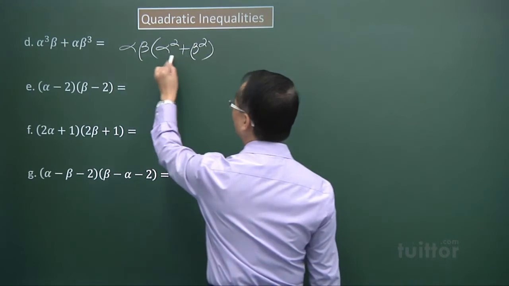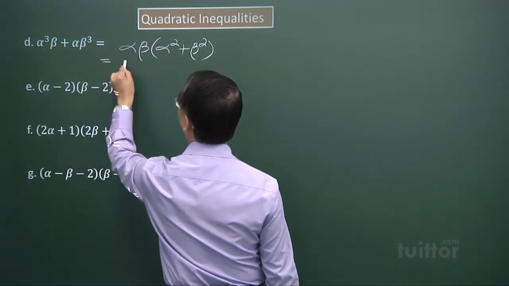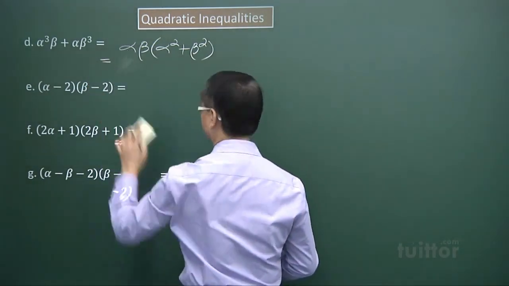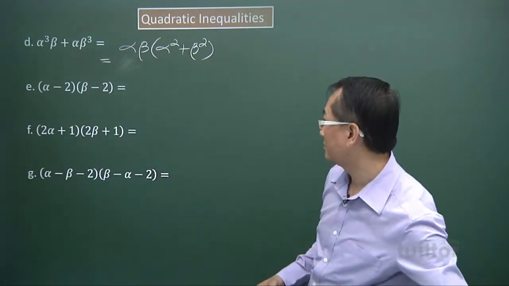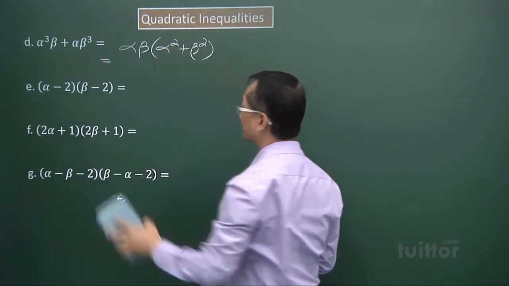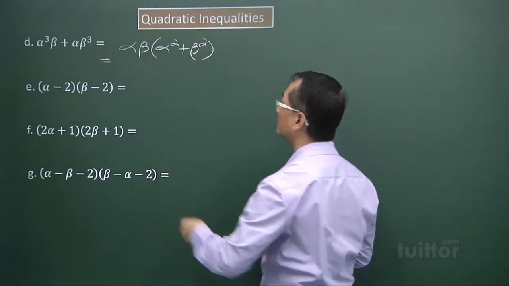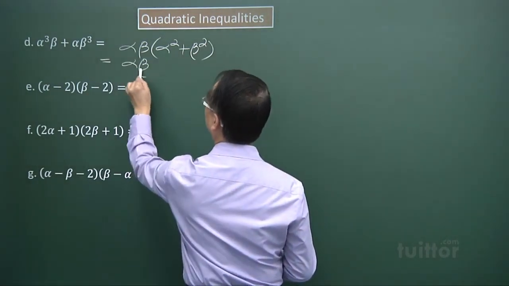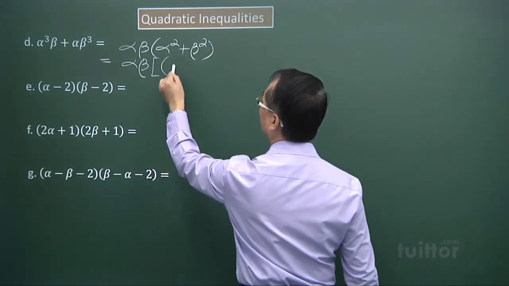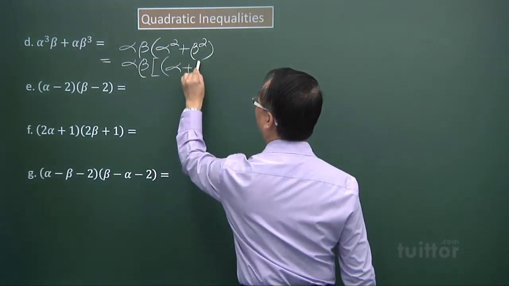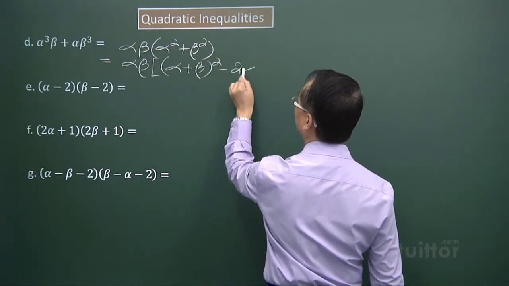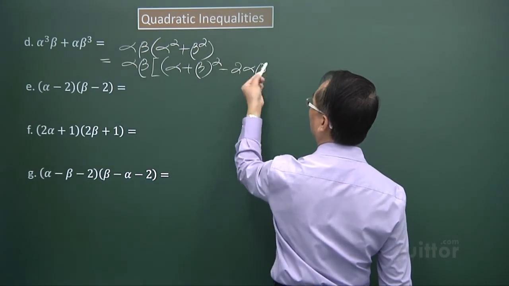But that expression can be simplified to the product of the two roots, alpha beta, times the square of the sum of two roots minus 2 times the product of the two roots.